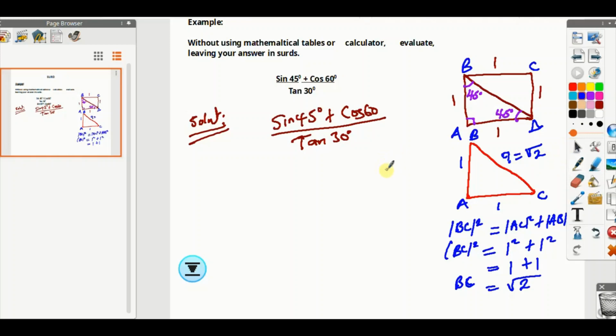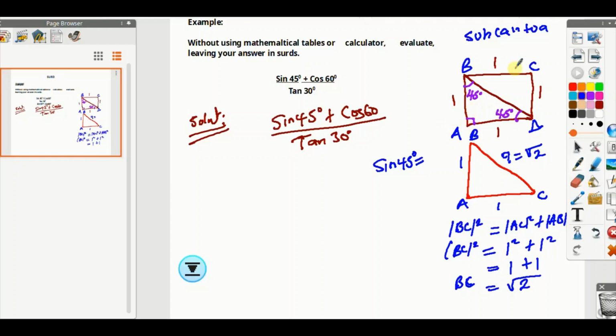Now, for sine 45 degree, to make it easy to know which one is opposite, adjacent or hypotenuse, we use SOHCAHTOA. The S here, we use it as sine, and O is the opposite, and H is the hypotenuse.